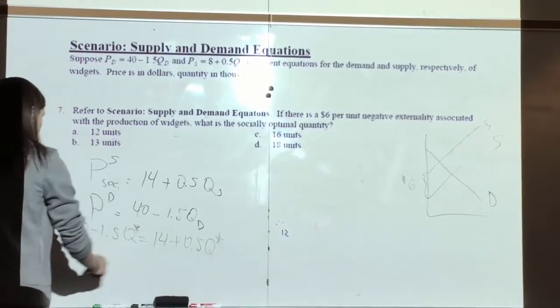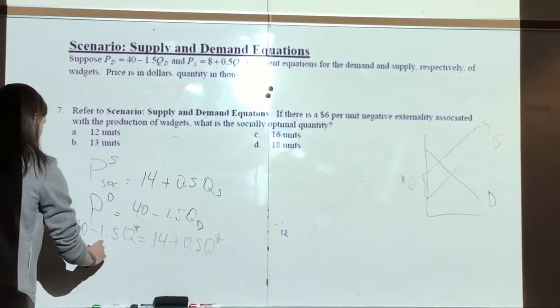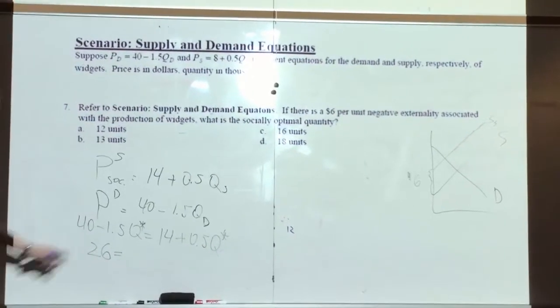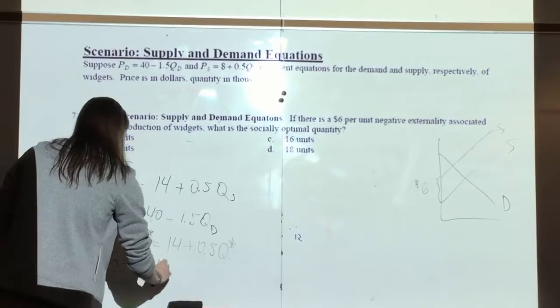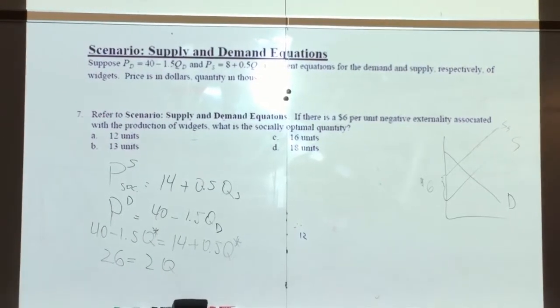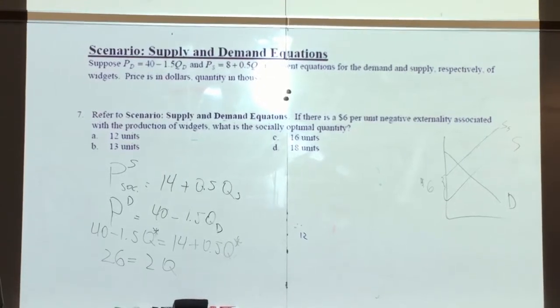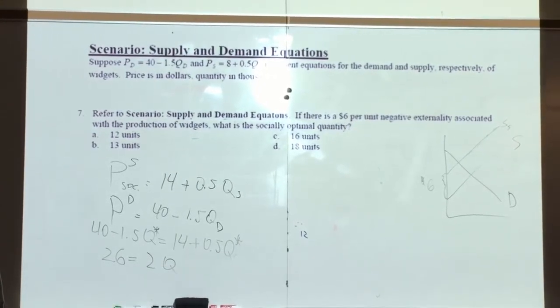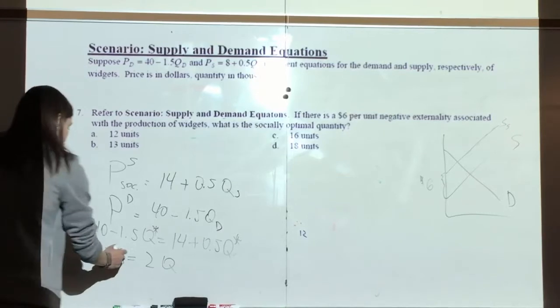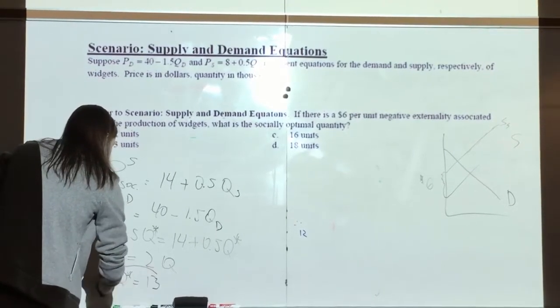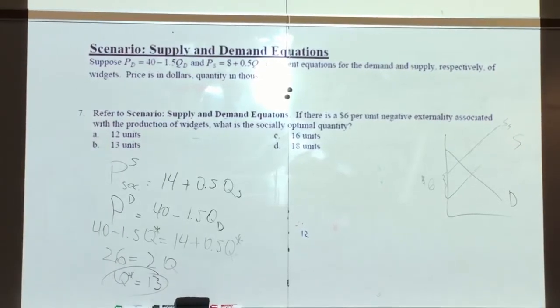So 40 minus 14, this is 26, equals 2Q. So Q star is 13, and this is the socially optimal one.